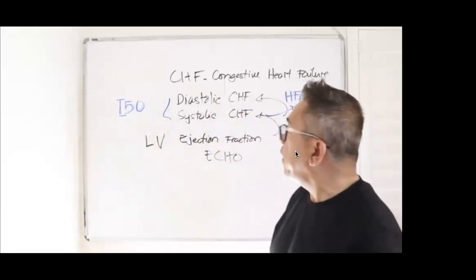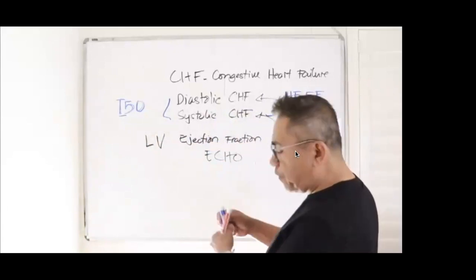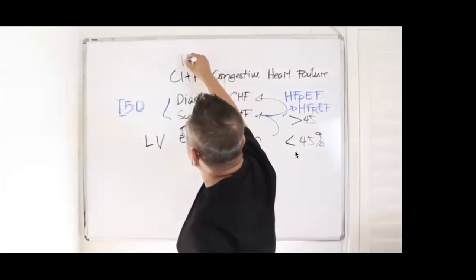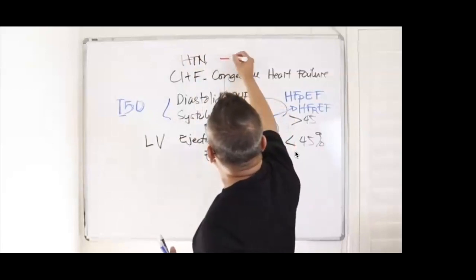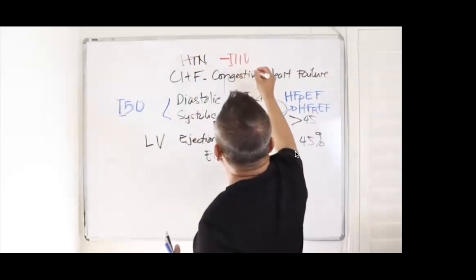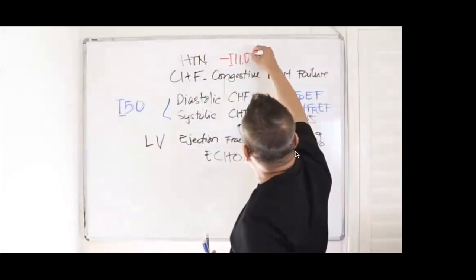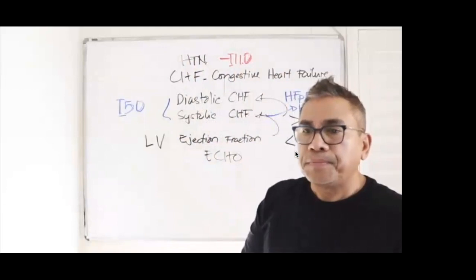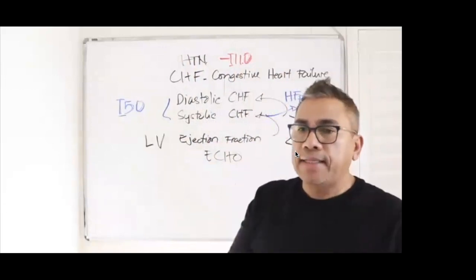Yes, I agree that now, let's say for example the patient has CHF and also hypertension, your hypertension code will have to be I11.0. Let me make that clear. Is that clear, guys? It's not I10, it's not I11.9, it is I11.0.